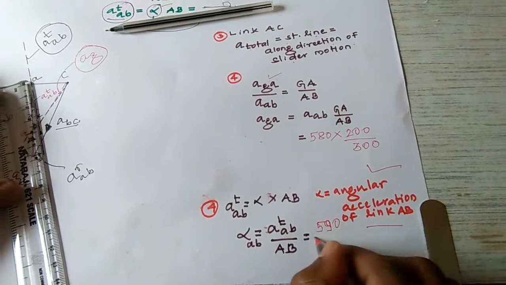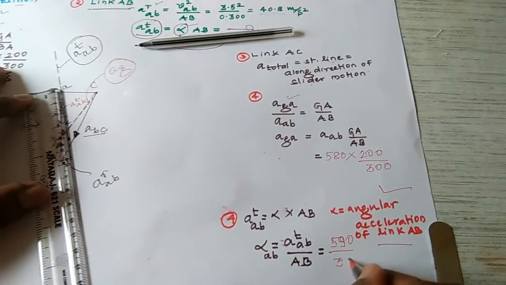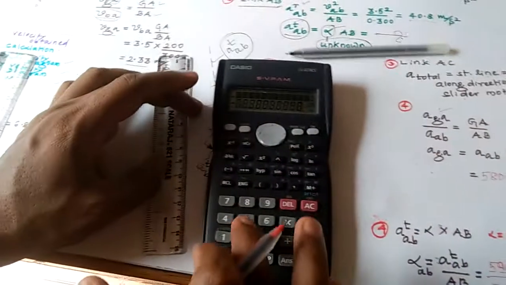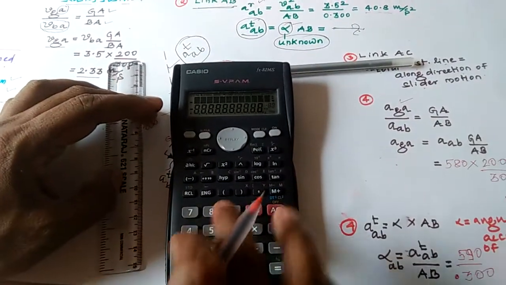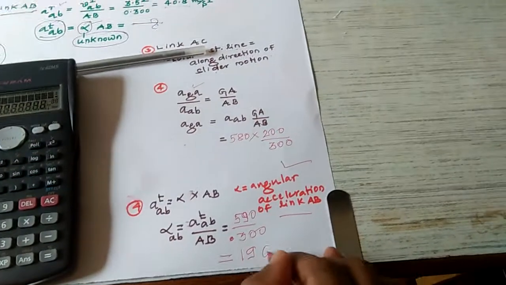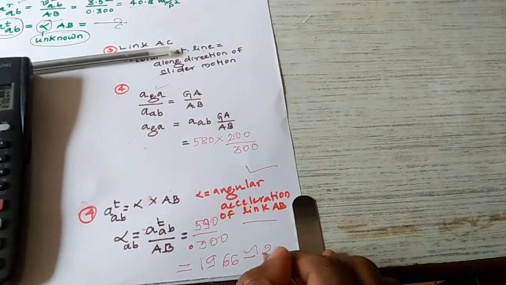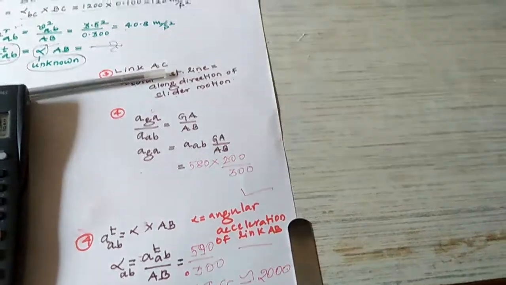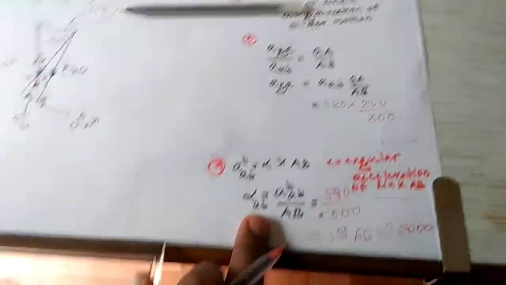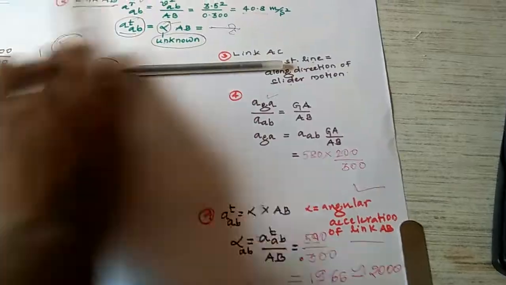The AB distance is 300, meaning 0.3. It comes as 590 divided by 0.3, which is nearer to 1966. This comes nearer to 2000. That is the angular acceleration of AB. I hope you got it.